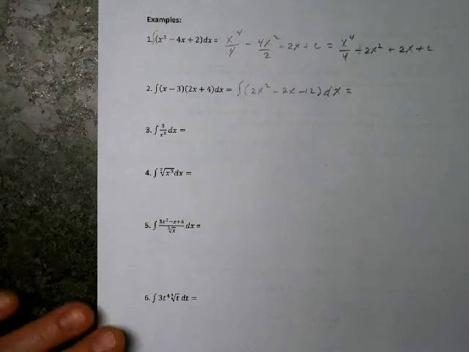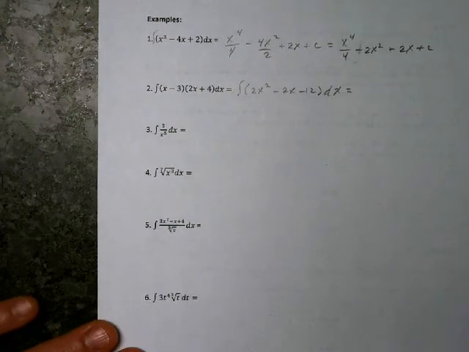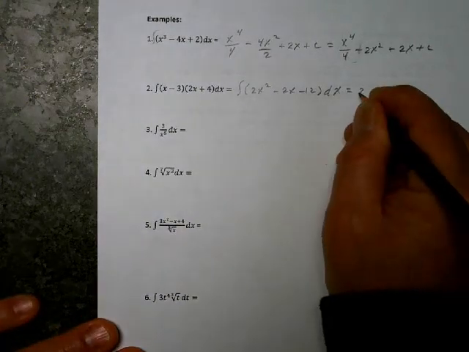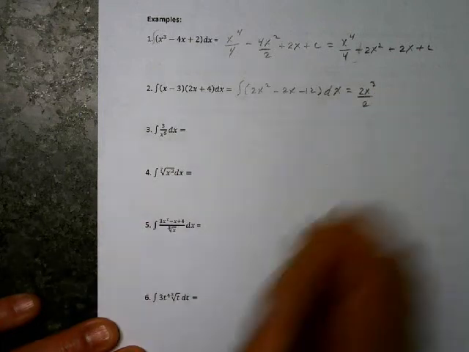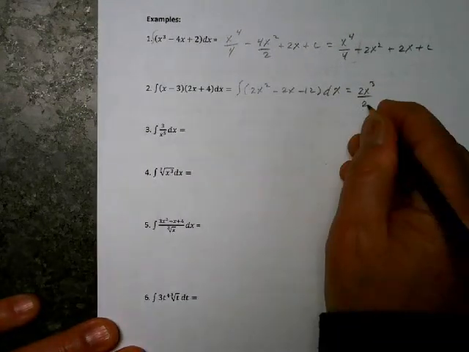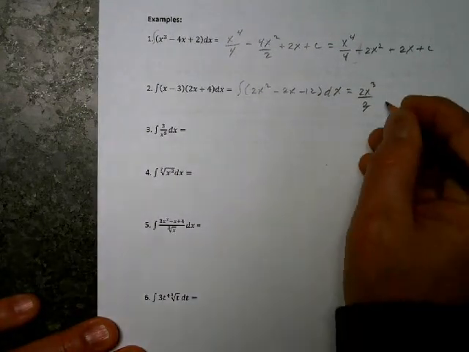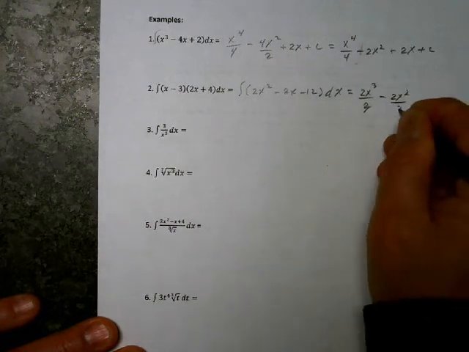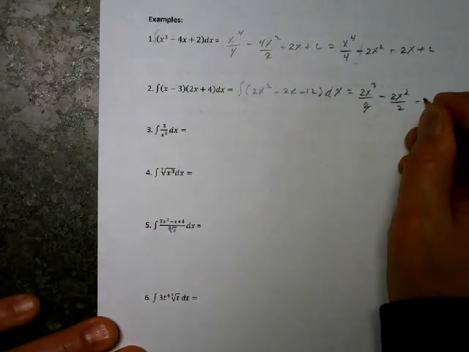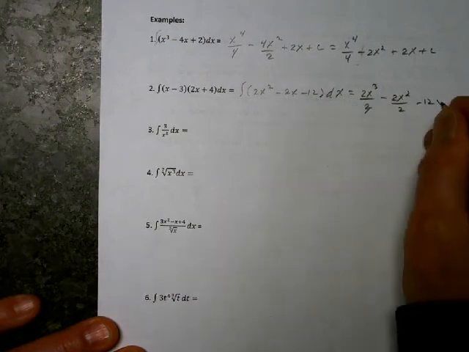Now what I'm going to do is go ahead and integrate that. Add 1 to the exponent, divide by the exponent. Whoops, that should be a 3 right there, sorry. Minus, add 1 to the exponent, divide by the exponent.